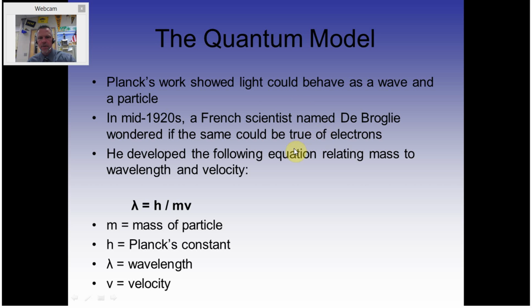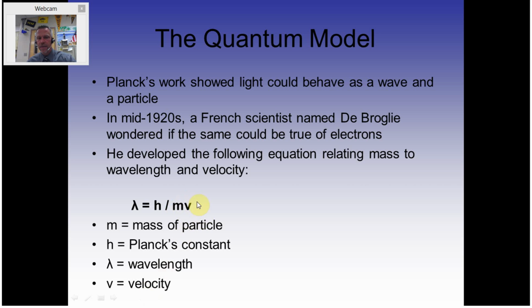So he developed a relationship between mass, wavelength, and velocity, and demonstrated that electrons could, in fact, have a dual nature, a wave-particle nature. Here is de Broglie's equation. The wavelength is equal to Planck's constant divided by the mass of the particle, m, times velocity, v.